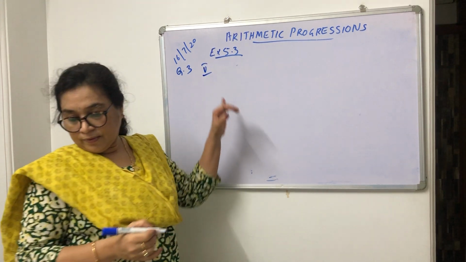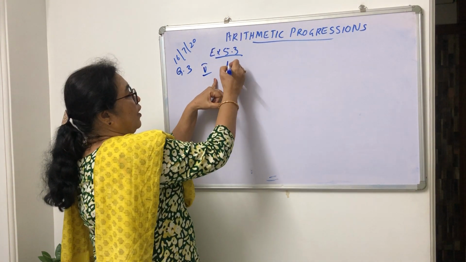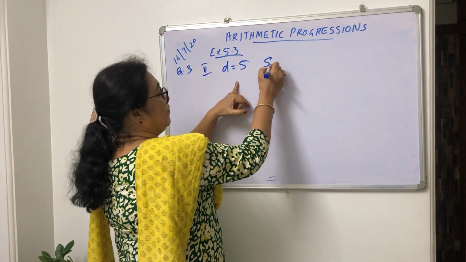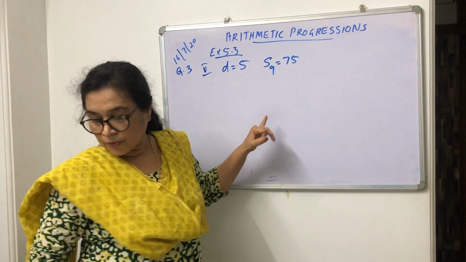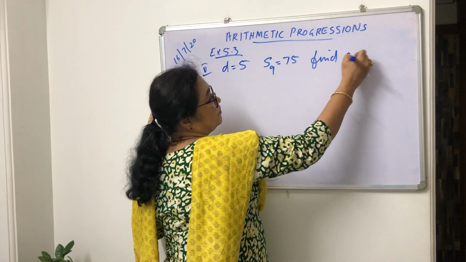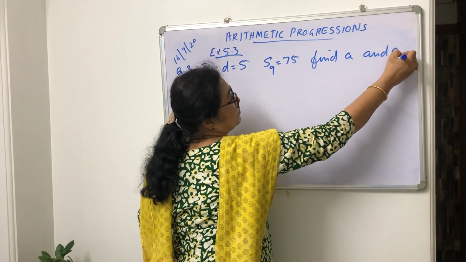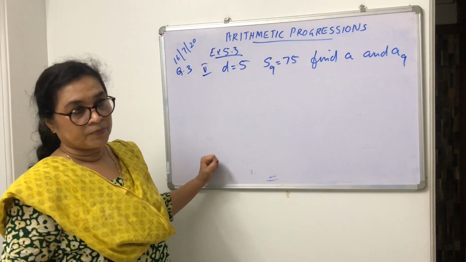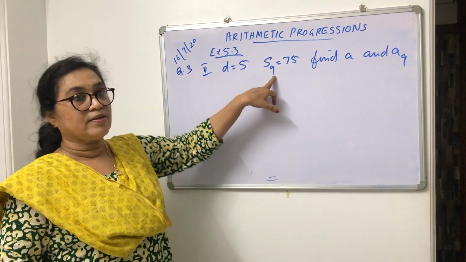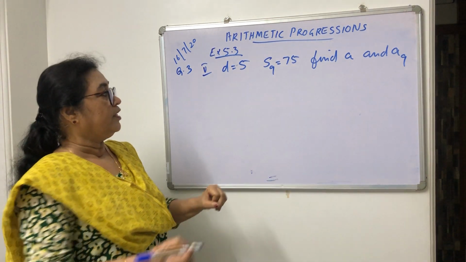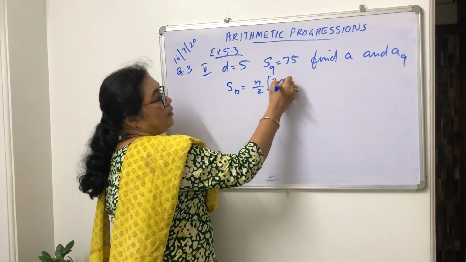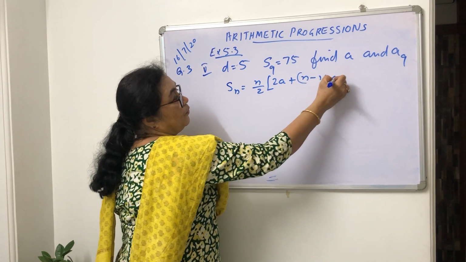Now fifth one, d is equal to 5, S9 is 75, find a and a9. So S9 is given, 75. So I am writing Sn equal to n by 2 into 2a plus n minus 1 into d.